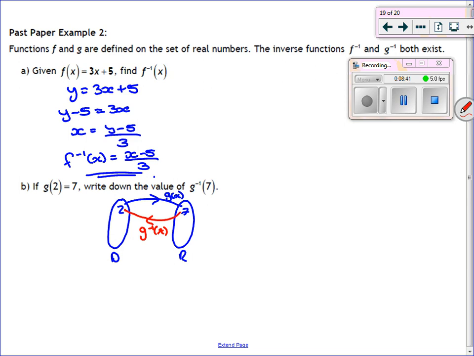So therefore g to the minus 1 of 7 is equal to 2. It's just the reverse process. That is the end of the first chapter of Higher Mathematics on sets and functions.